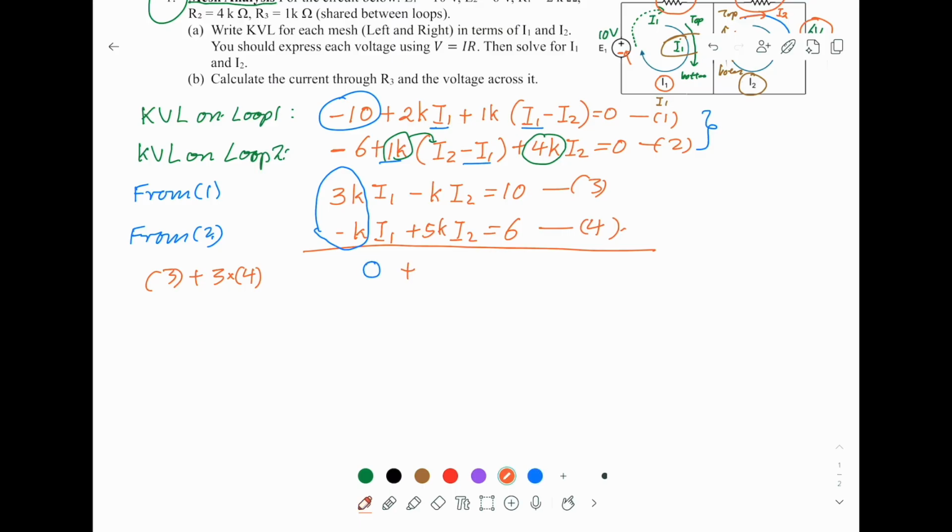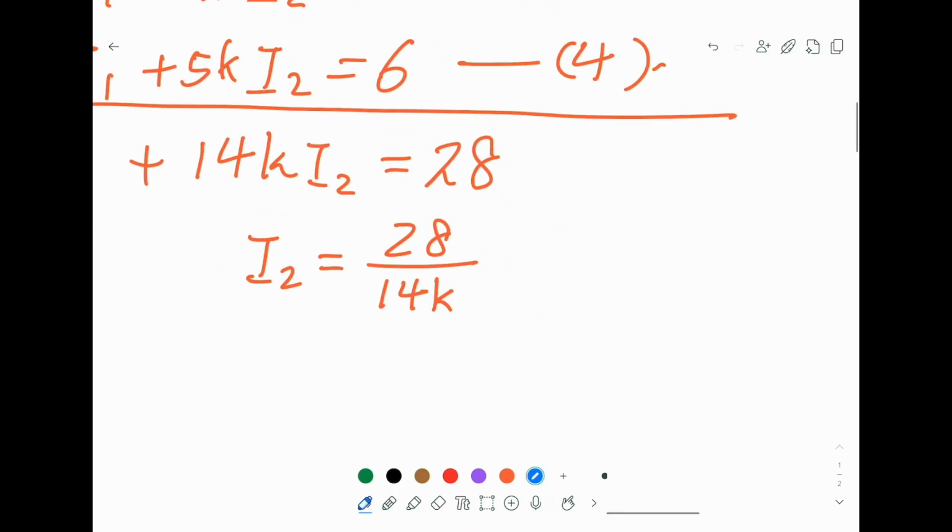You can find here, this is 3 times 5, so this is 15. 15 plus minus 1, so you become 14k I2, and this is 18 plus 10, which is 28. So of course now I2 is equal to 28 divided by 14k. The k here is simple.